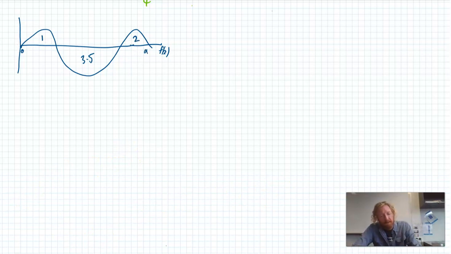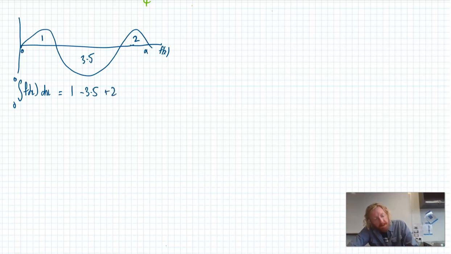So this is going from 0 to a. The integral of f of x from 0 to a dx, I need that dx, will be equal to 1 minus 3.5 plus 2, which will be equal to minus 0.5. Now that is absolutely correct. If it only asks you to evaluate the integral, it's a numerical answer.